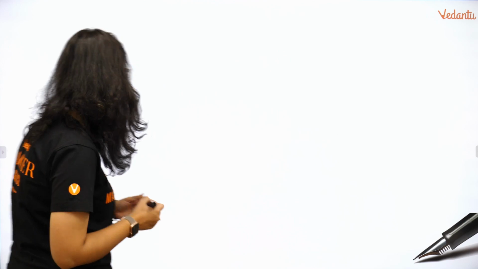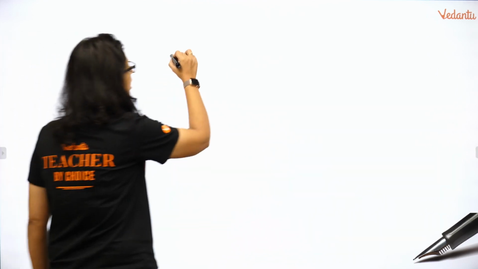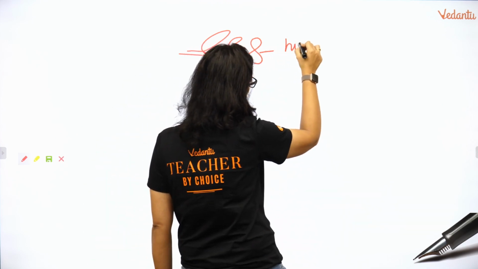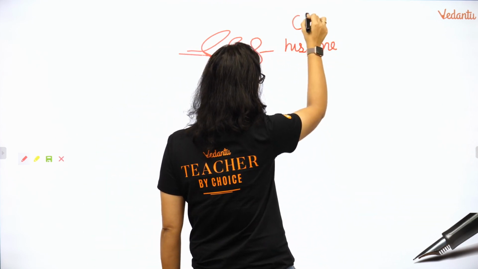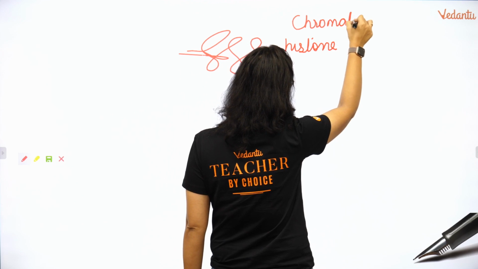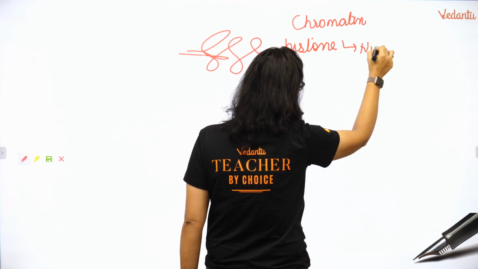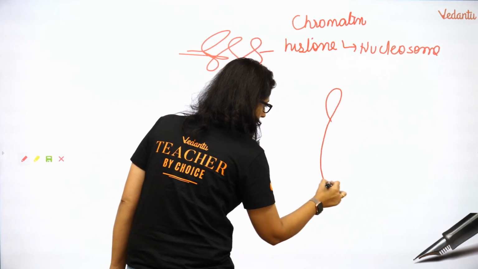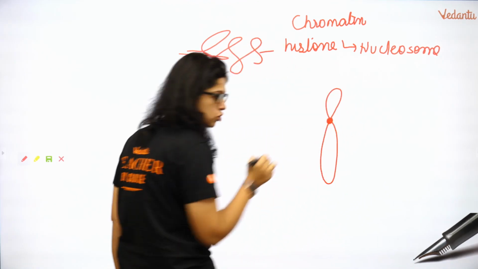Centriole and chromatin. Chromatin is a fiber of the DNA. So this fiber of the DNA which is wrapped around histone proteins, right? The chromatin fiber and the histone proteins are together referred to as the nucleosome. So this is the chromatin fiber. This part of the DNA is called the centromere.